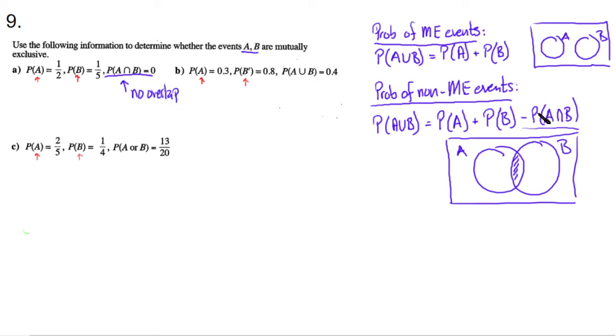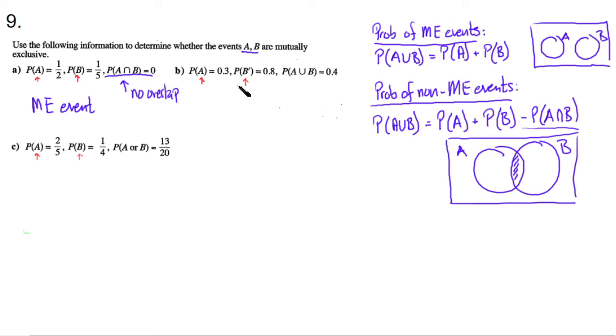If we look at this formula over here, this term equals 0, which means we're left with the formula for mutually exclusive events. So this would be a mutually exclusive event.